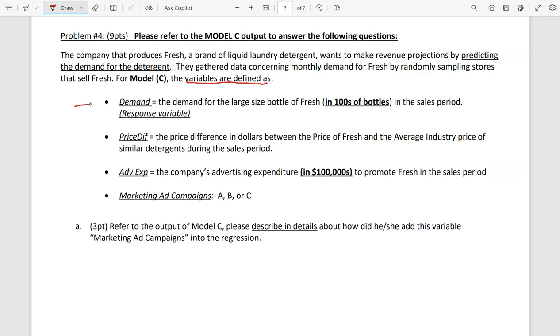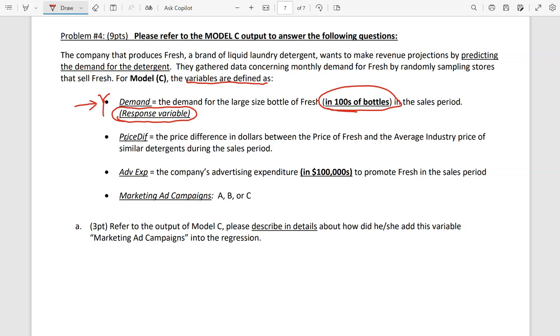The first one is called demand. It is the demand for the large size bottle of Fresh in hundreds of bottles in the sales period, and it was told that it is a response variable. So demand is your response variable Y.